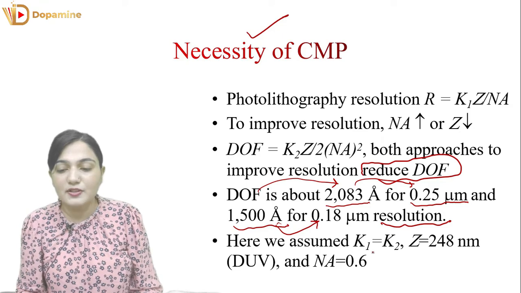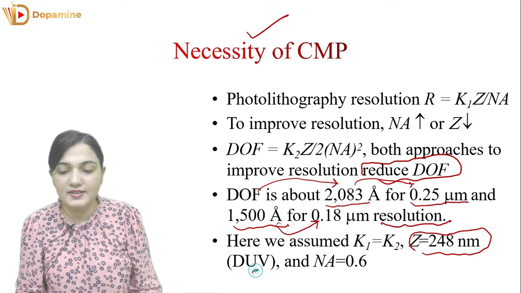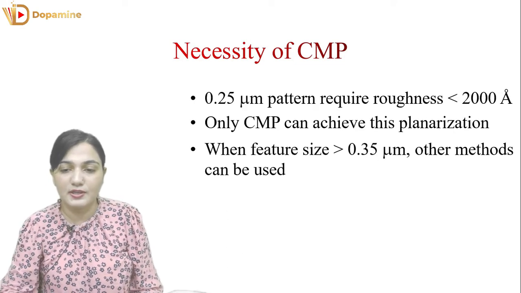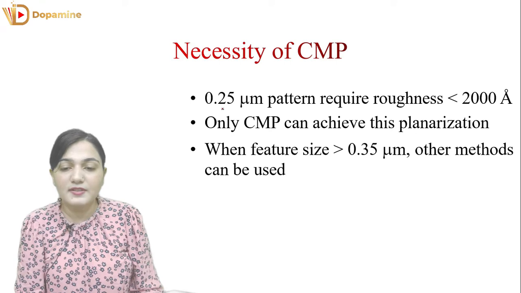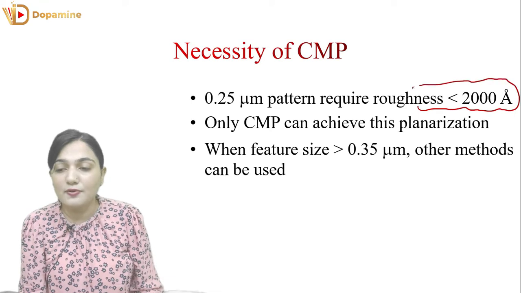We have assumed that K1 is equal to K2 and the wavelength λ is 248 nanometer for the deep UV, and numerical aperture as 0.6. So in that case, the depth of focus is the only parameter which is changing the resolution. Next, the 0.25 micrometer pattern requires roughness less than 2000 angstrom.